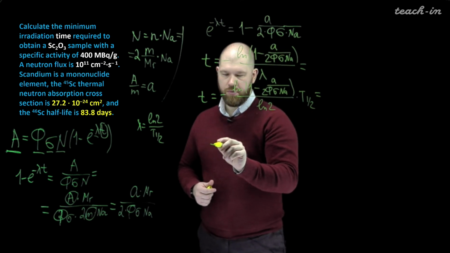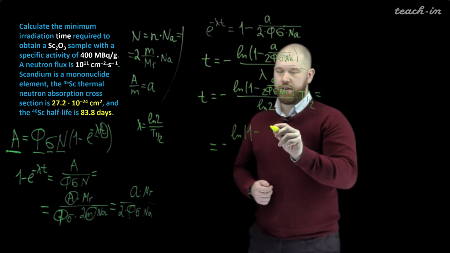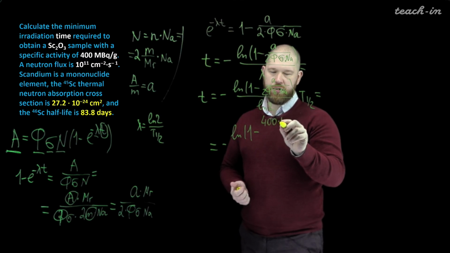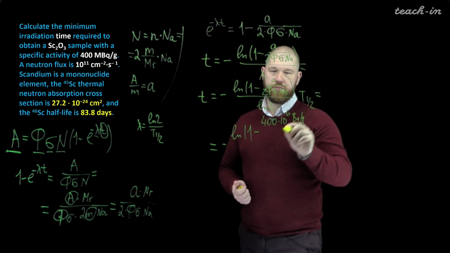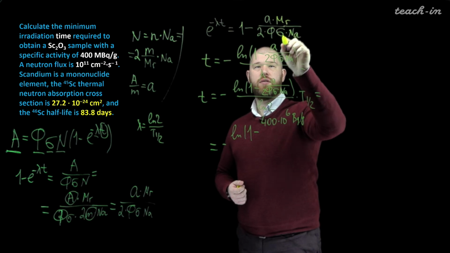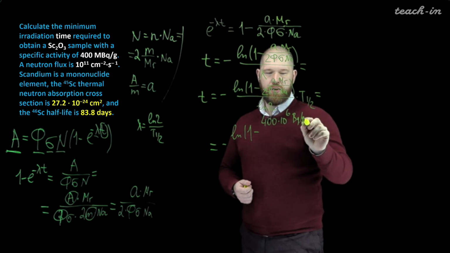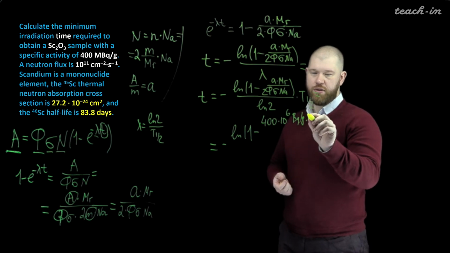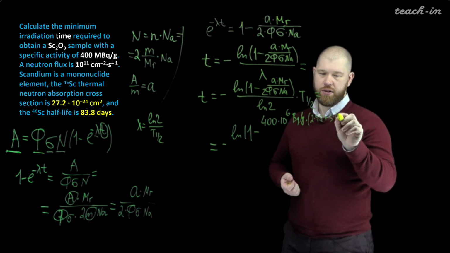And now we will put in all our numbers. So it is minus our specific activity, which is 400 megabecquerel, so it's 10 to 6 becquerel per gram. Oh, I lost the molar mass, sorry. Multiplied by the molar mass of our scandium oxide, so it is 2 multiplied by 45 plus 3 multiplied by 16.